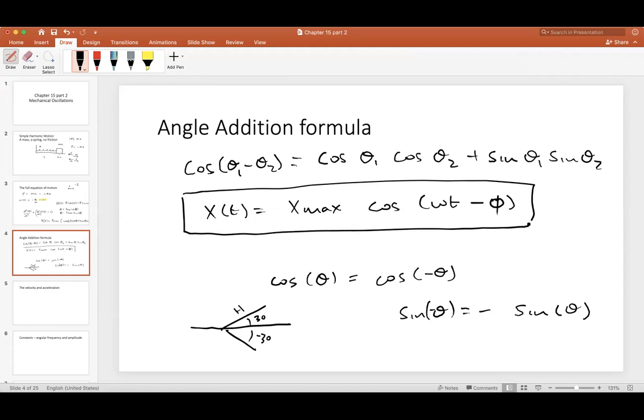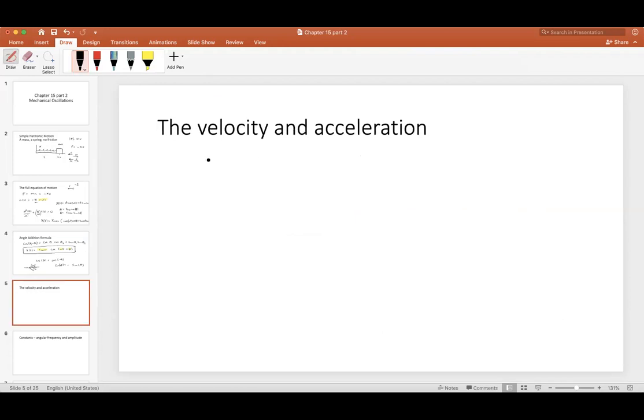Okay, so as I said, we have this function. This is our displacement function. Note that x max is a constant, omega, the angular frequency, is constant, and phi is a constant. And really, our job is to figure out what these three things are, and then plug in some time, and we have an equation for the displacement.